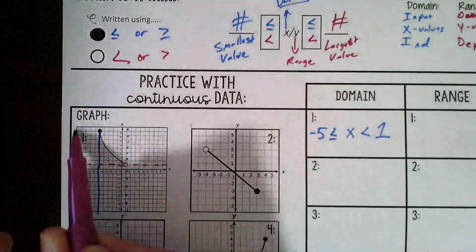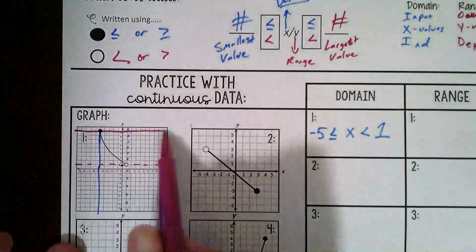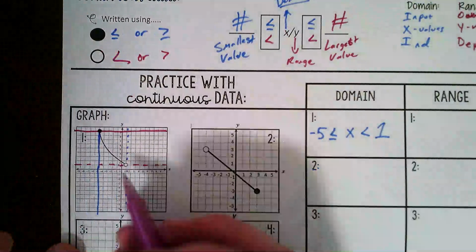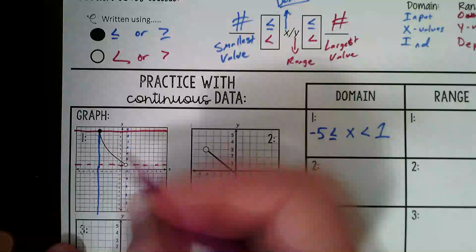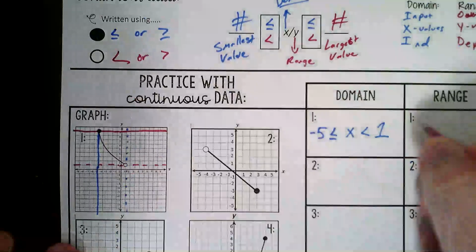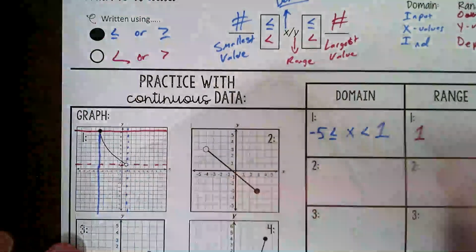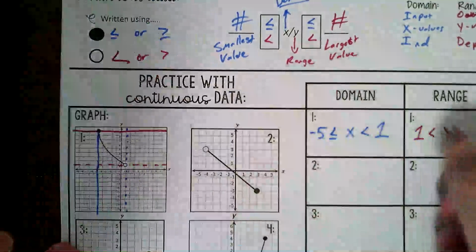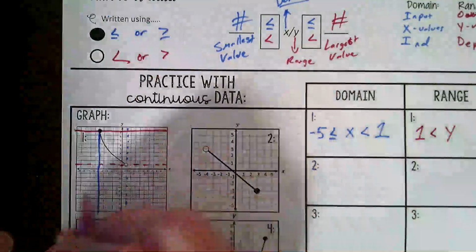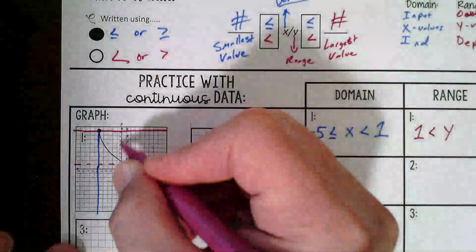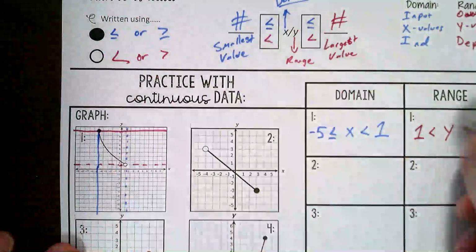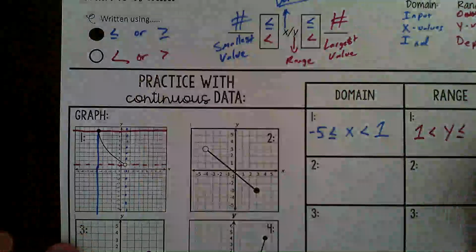This one is solid, so I'm going to make a solid line right here at the top. My smallest y value all the way down here is 1, and that's going to be less than y. All the way up here, this is 2, 3, 4, 5, 6, 7, 8, 9, it looks like, is less than or equal to 9.